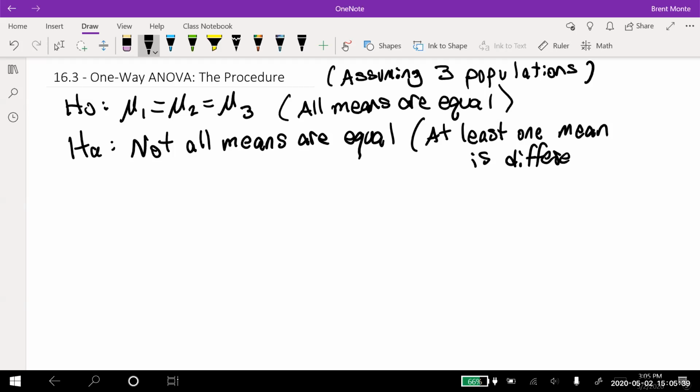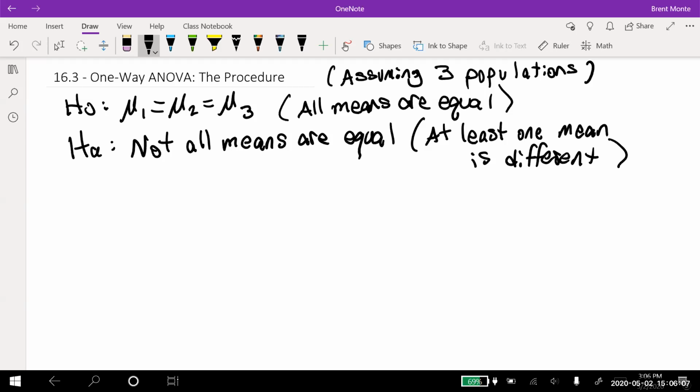I've seen different authors like to do it differently, but those are both very common ways of stating it, depending on which one makes more sense to you. Do realize either of those is appropriate. What I have in parentheses are all alternative ways of doing it. I'm going to list it the way I just wrote it originally: mu1 equals mu2 equals mu3, and not all means are equal. Okay, so that's the basic idea.